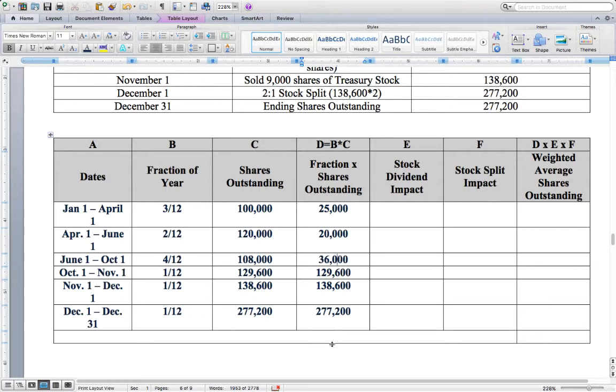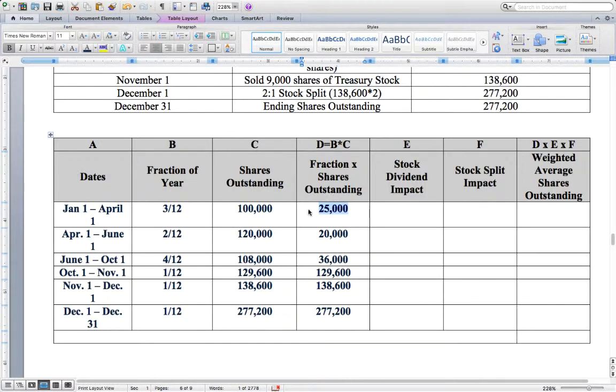So this will help us calculate the weighted average number of shares outstanding. And as you can see, for example, January 1 through April 1, only 25,000 of the shares are represented in the weighted average calculation because they were only outstanding for 1/4 of the year.